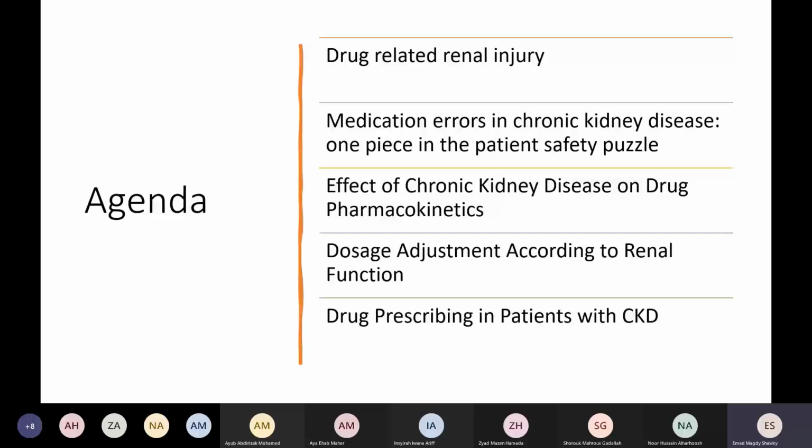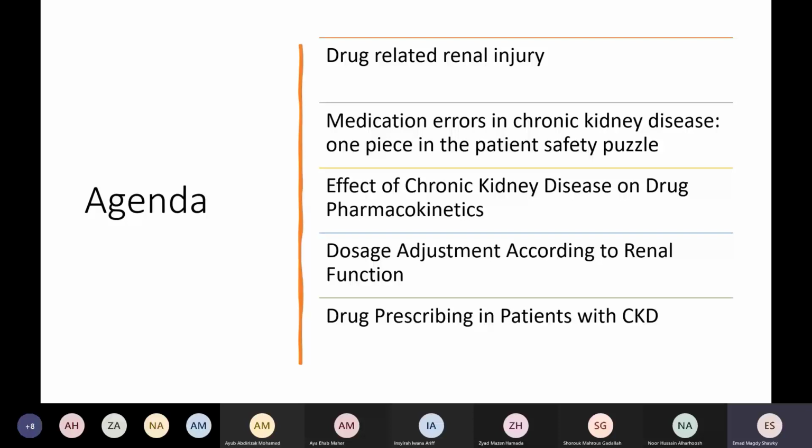We'll hit these 5 points. Number one, what is the spectrum of drug affection on the kidney? Meaning, how can any drug affect the kidney? Number two, what is the magnitude of the problem of medication errors in chronic kidney disease, and is it related to patient prognosis, patient safety, morbidity and mortality or not?